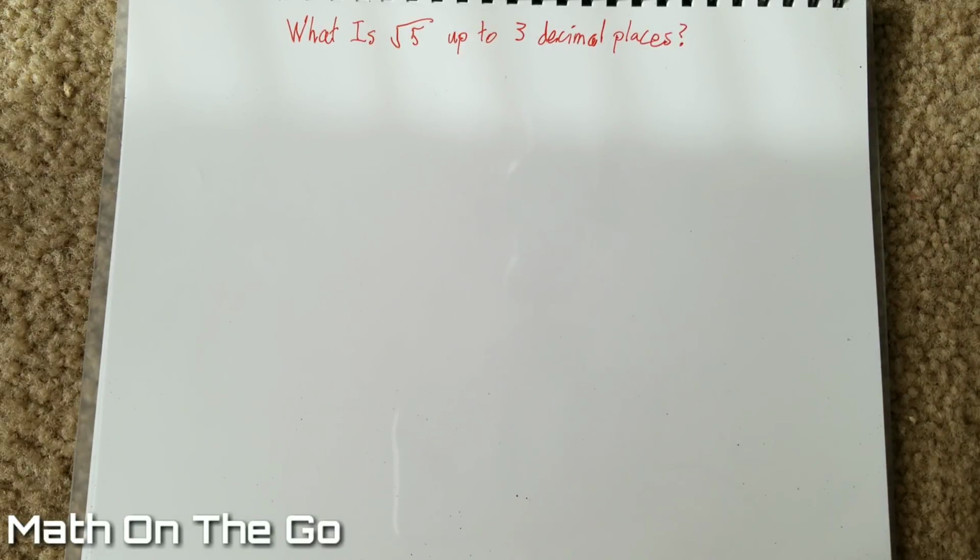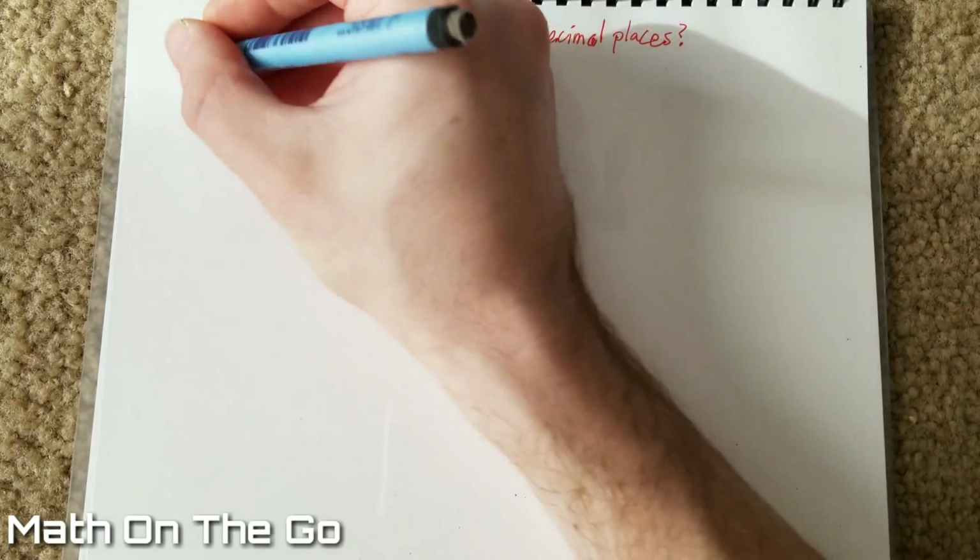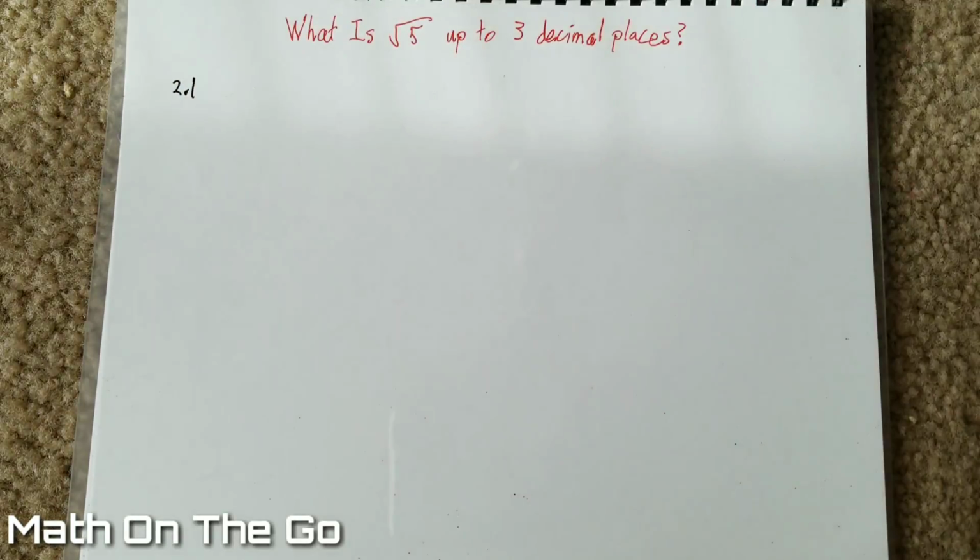Our first step is going to be to make an educated guess as to what the square root of 5 might be based on this information. We're going to start with 2.1, since the square root of 5 is close to the square root of 4, so it's 2 point something. We'll start low with 2.1. That is our first guess. So what do we do with this 2.1?